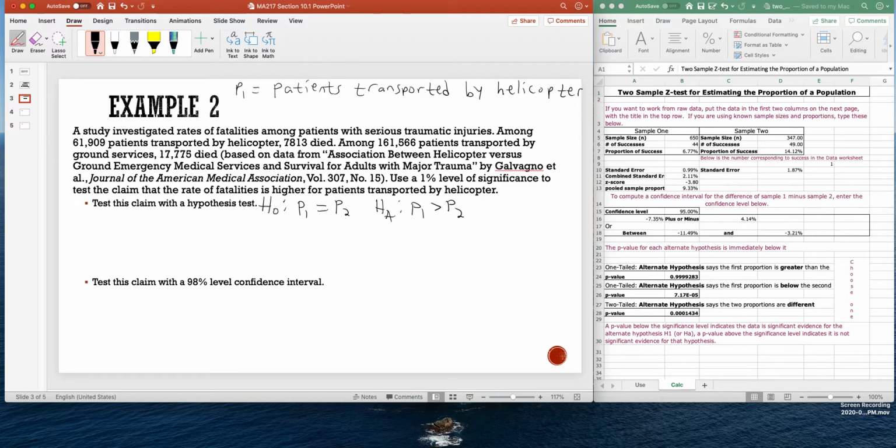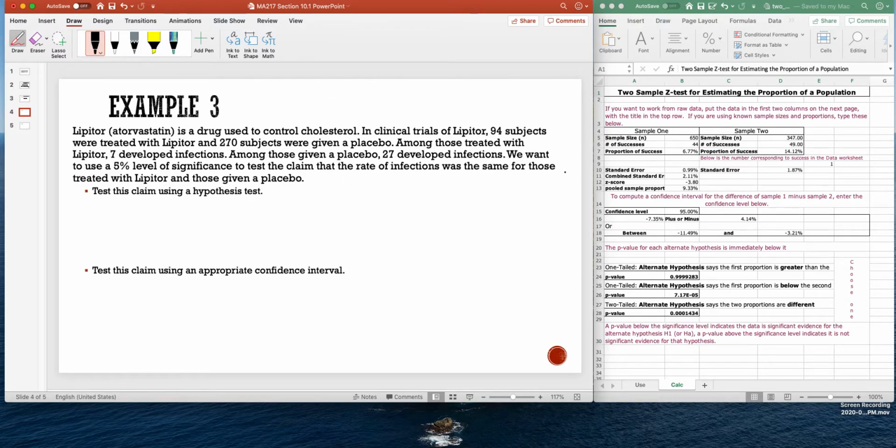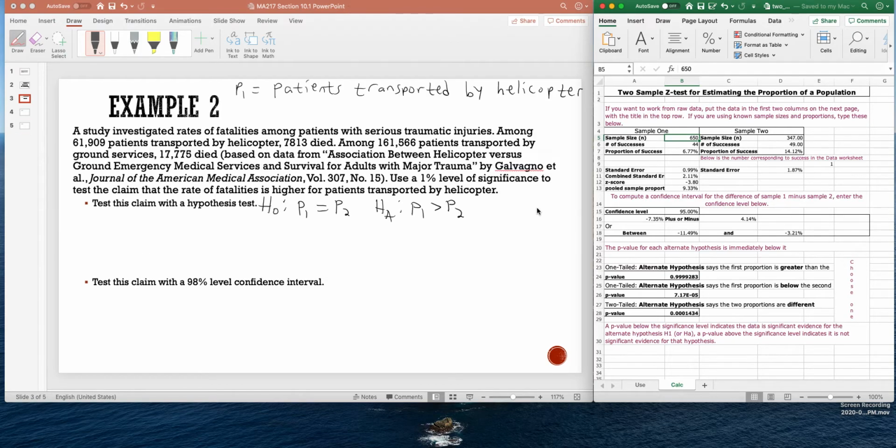And we can put our data into this Excel template I have here to the right. The sample size for this particular one was 61,909, and the number of successes, meaning the number that died, was 7,813.